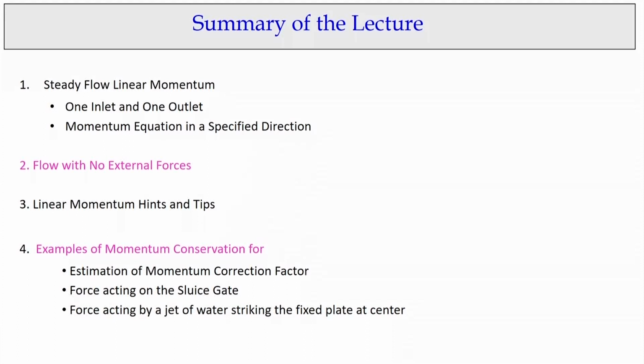Then I discussed very thoroughly that whenever you draw the control volumes and try to find out the momentum flux, you follow certain hints and tips. If you follow the hints and tips, you can simplify complex problems and apply appropriate control volumes.